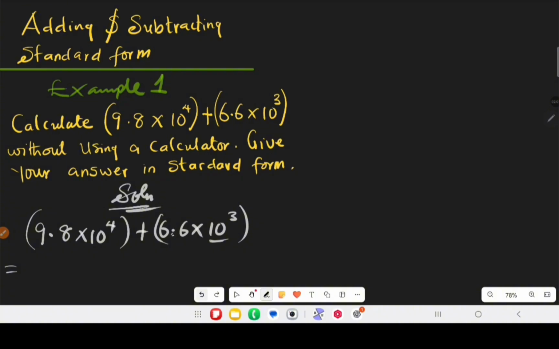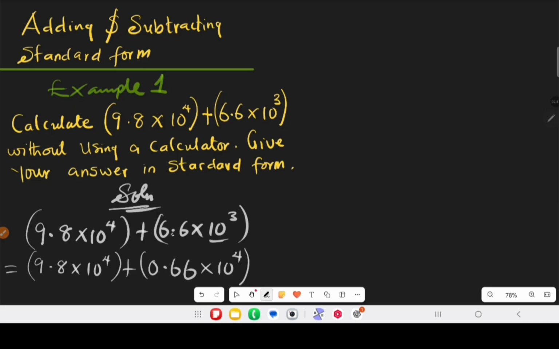Then it will change to (9.8 times 10 raised to the power of 4), all in bracket, plus 0.66 times 10 raised to the power of 4, because we've moved the decimal point once backward to give us 1, which makes the power become 4.